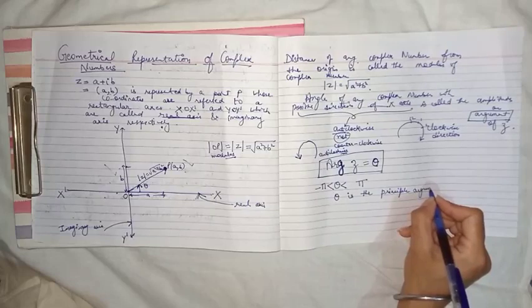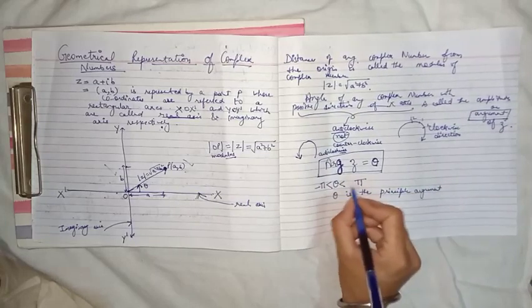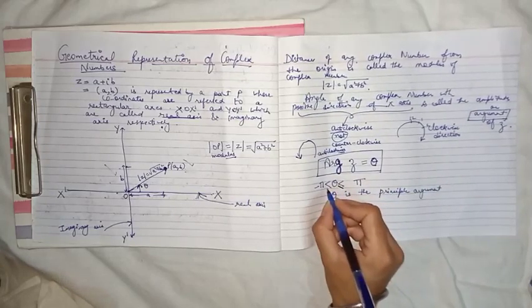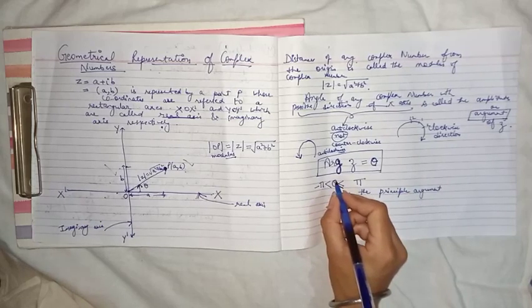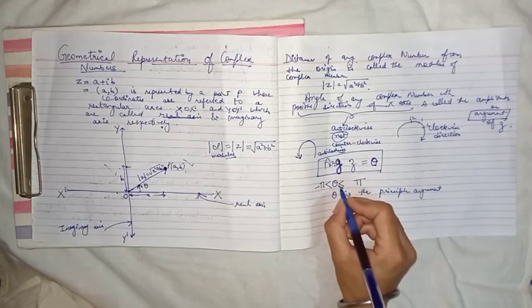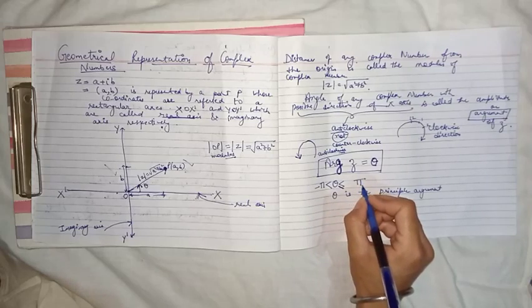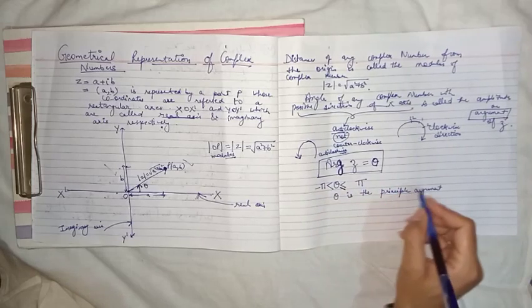Minus pi less than theta less than or equal to pi. This is the principal argument.